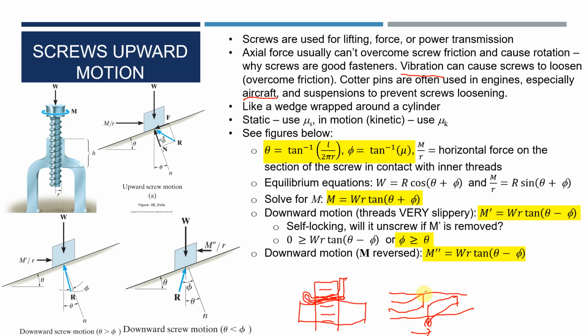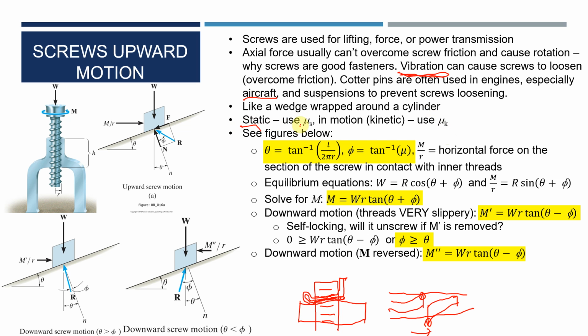This little point here gouges and prevents reversal. So that's another way to keep screws from backing out in the presence of vibration. If there's no vibration, most of the time a screw will hold. Okay.